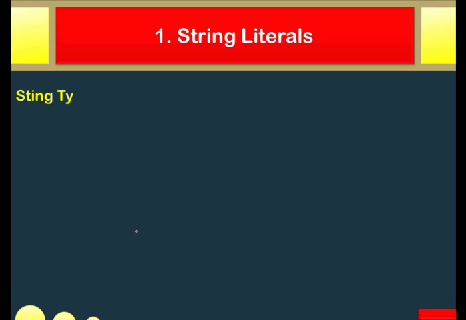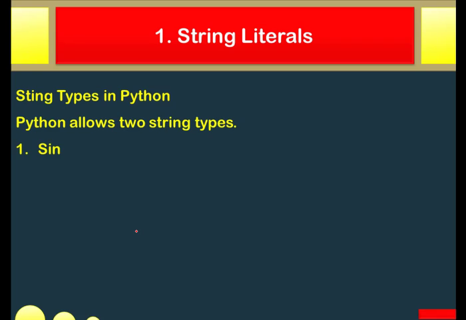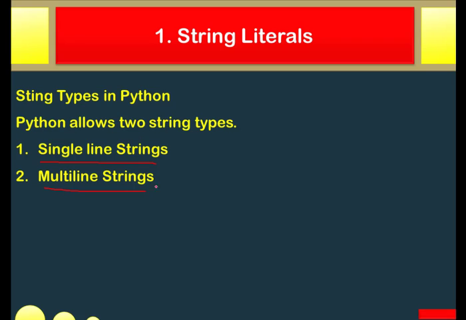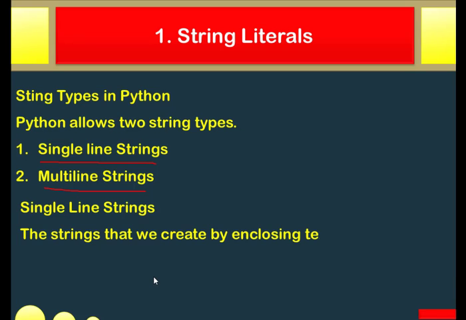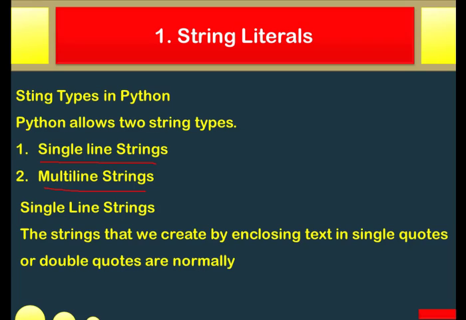Now we are going to learn about the different types of strings. String types in Python: Python allows two string types. First is the single line string, second is the multi-line string. Single line strings are the strings that we create by enclosing text in single quotes or double quotes.